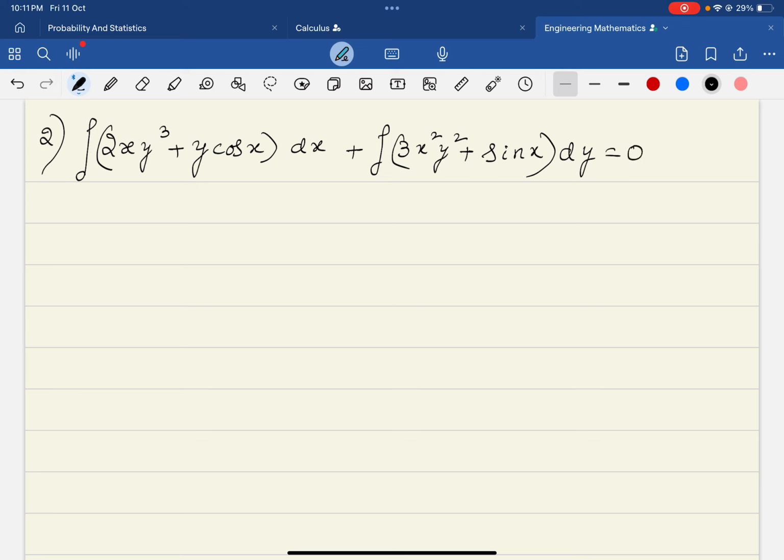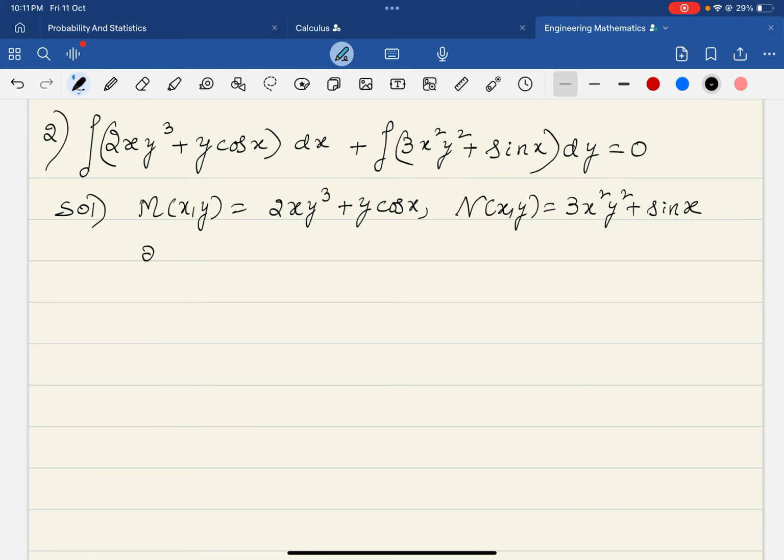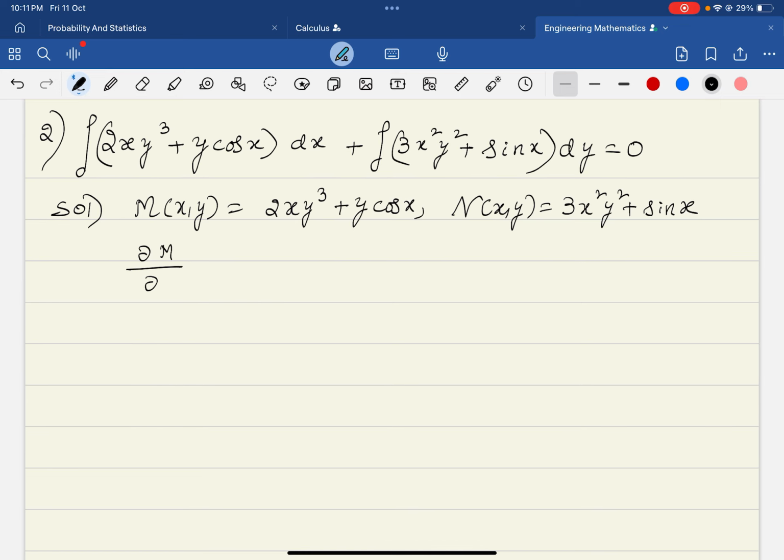So here again we find out what is M first. What is M of x comma y? It is the dx component, which is 2xy cube plus y cosine x, and what is N of x comma y? It is 3x square y square plus sin x. Now we find out what is dou M by dou y.